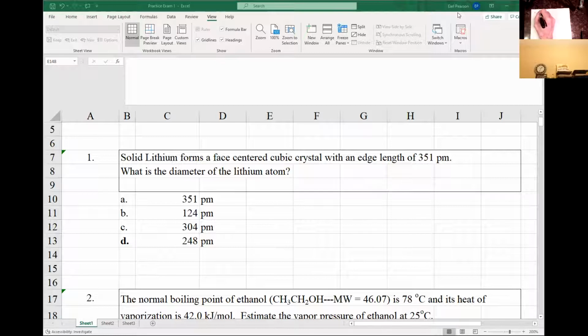Now, the face-centered cubic has one particle right in the center of the face, and then it has other particles at each of the corners. If you recall, all of the crystals have a corner particle, but in this case, we also have one along the face.